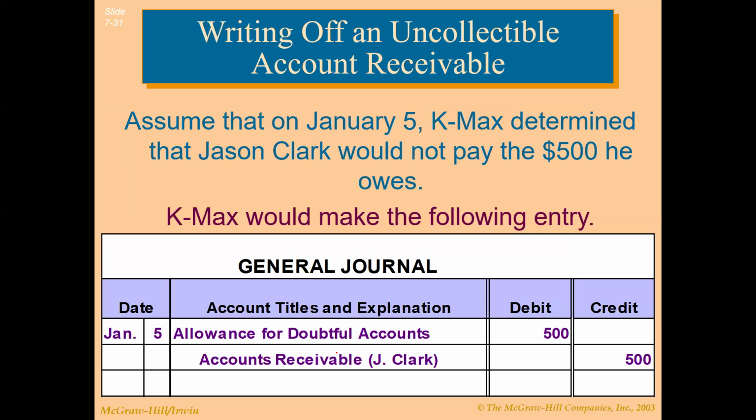One reason may be bankruptcy. So allowance for doubtful accounts would be debited and accounts receivable with the particular customer name would be credited. Whenever you are asked to make a journal entry for writing off, we use this type of journal entry.